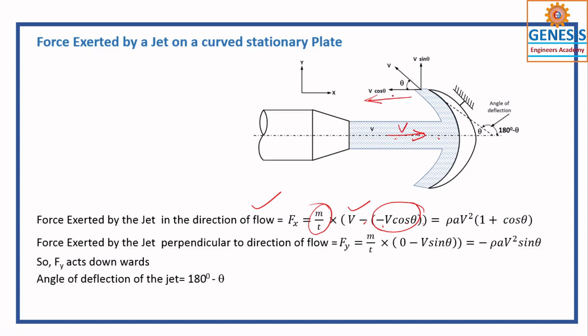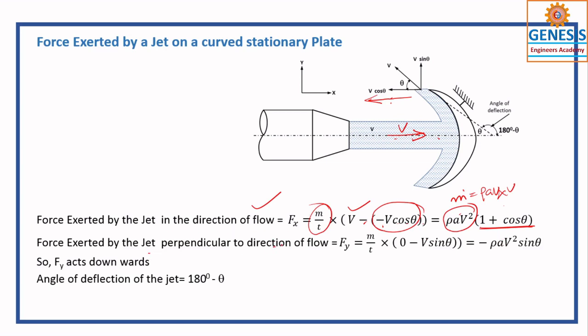If I consider this as positive, this must be considered as minus. That is why this becomes plus, and if you take m dot equal to rho a v and take v as the common factor, it becomes rho a v squared, as we got in the first case, times 1 plus cos theta.